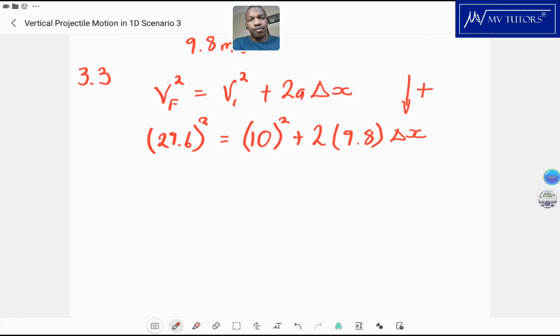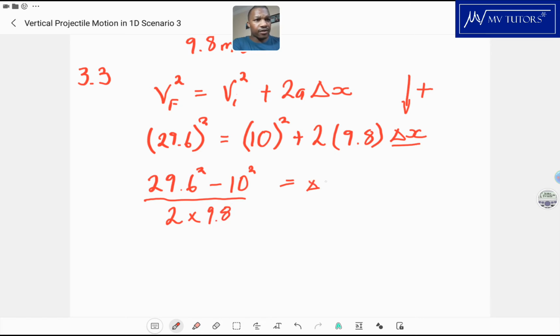Let's make this the subject of the formula. We take the 29.6 squared and subtract 10 squared, because whenever you take anything to the other side of the equal sign, it changes sign. Then we divide by 2 and by 9.8. That gives us our change in x, which is the distance we're looking for.